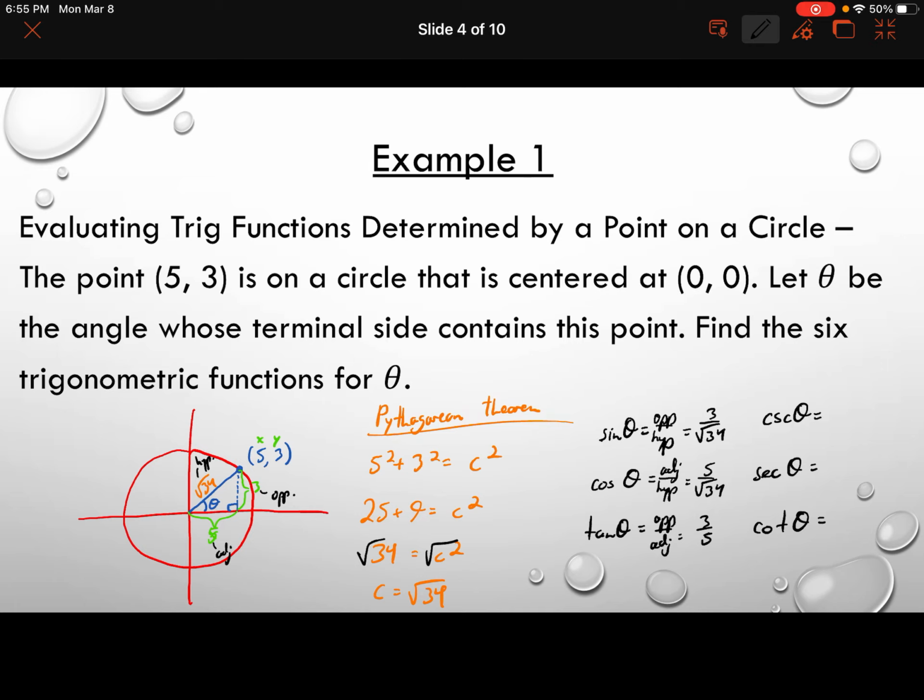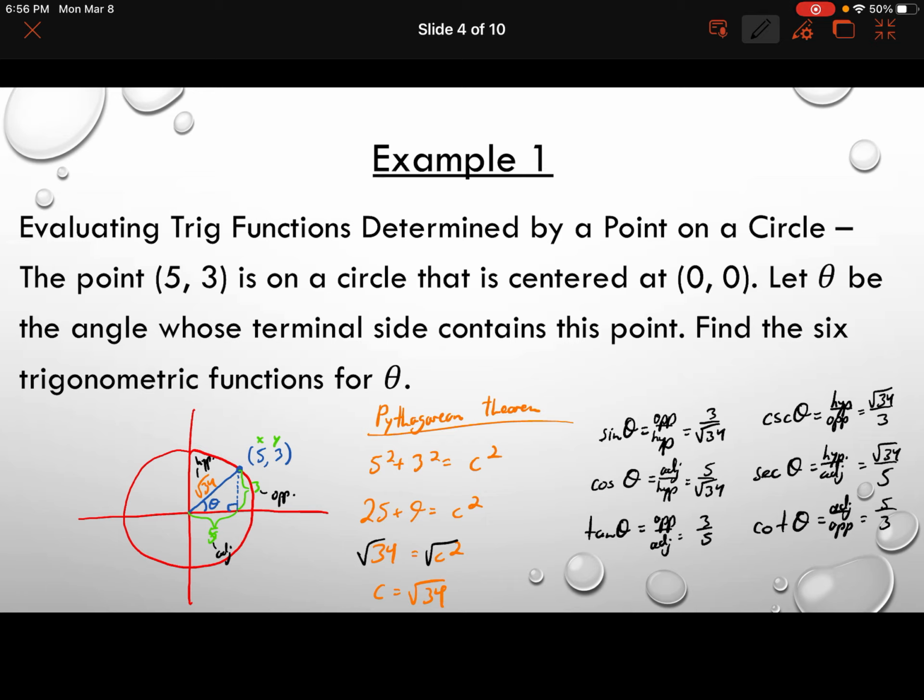Cosecant is the reciprocal of sine, which would lead us to hypotenuse over opposite, which in this case would be square root of 34 over 3. Secant is the reciprocal of cosine, hypotenuse over adjacent, which would give us square root of 34 over 5. And then finally, cotangent is adjacent over opposite, giving us 5 over 3.